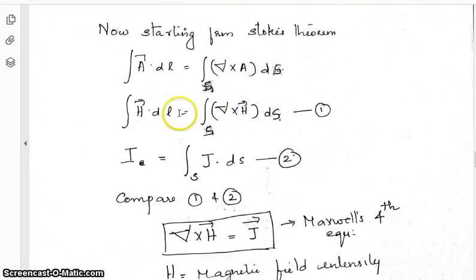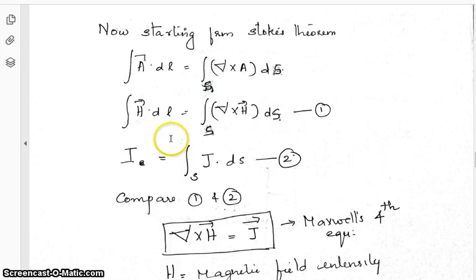So I am replacing this A with another vector H, where H is the magnetic field intensity. H is also a vector. So integral H dot dl is equal to the surface integral of del cross H ds.